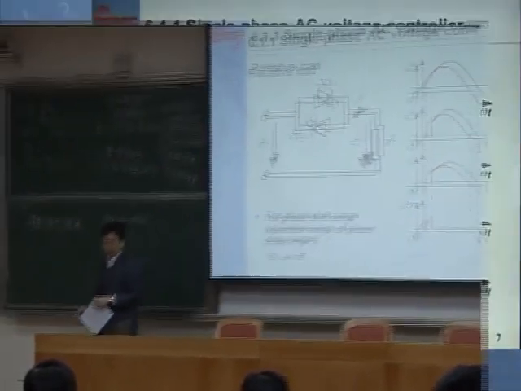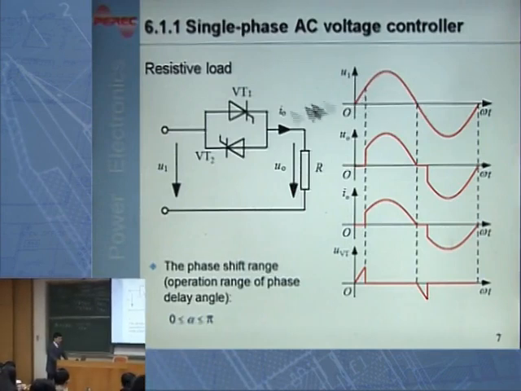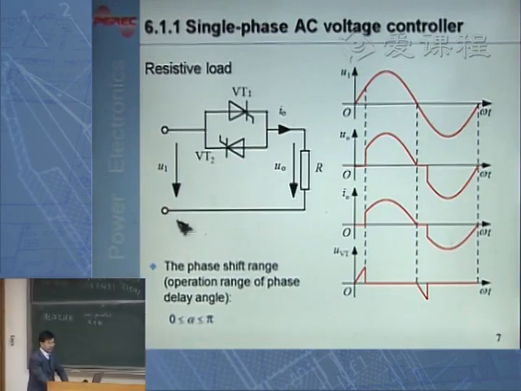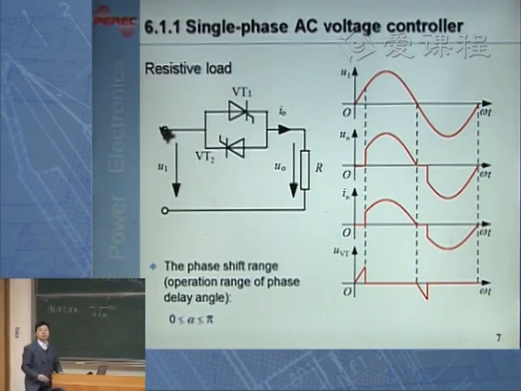When this input voltage is positive for this part of time, the current will be flowing through VT1. This is a diode, flowing through diode VT1, load, and back to the source. And if the input voltage is negative, this current will be flowing out from the lower side of the AC input through the load, and then through diode VT2 back to the upper terminal of AC input.